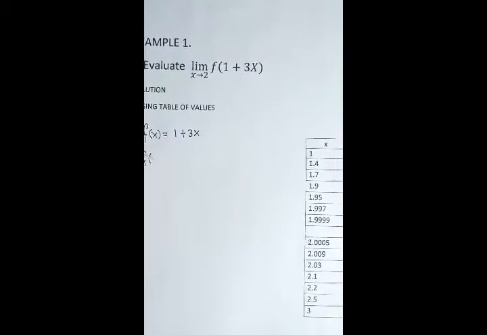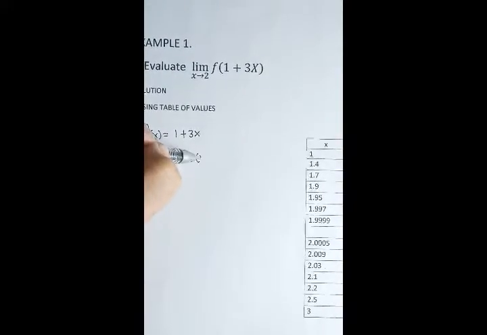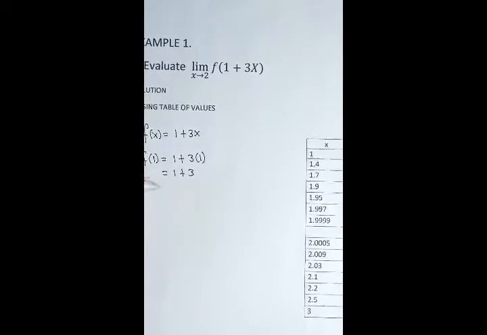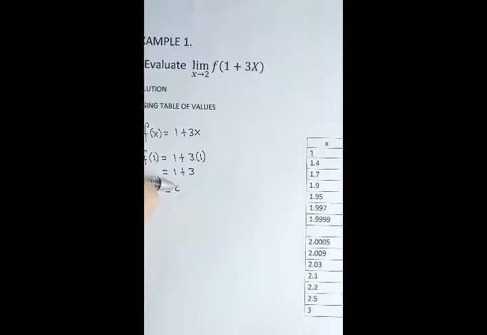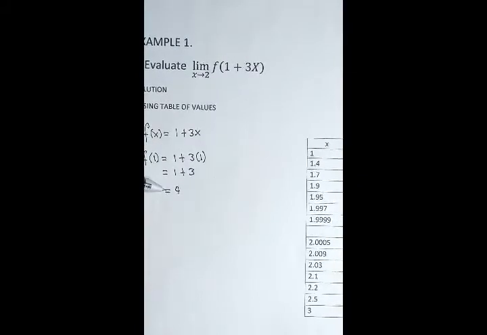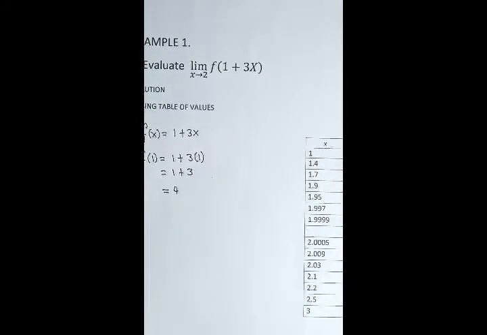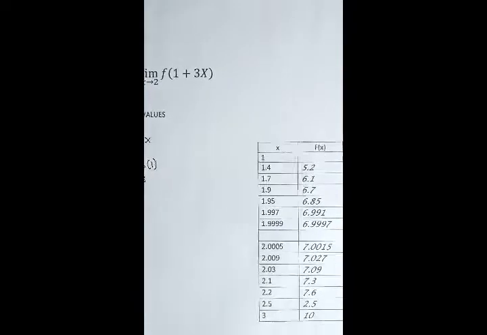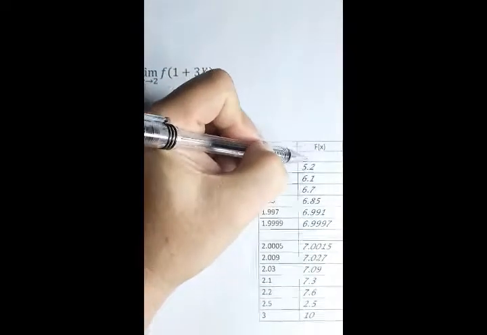At x equals 1, we have 1 plus 3 times 1. So we have 1 plus 3 times 1 is 3, equals 4. So at x equals 1, the value of our function, or our y, is equal to 4. So we fill this up in our table. So this is 4.